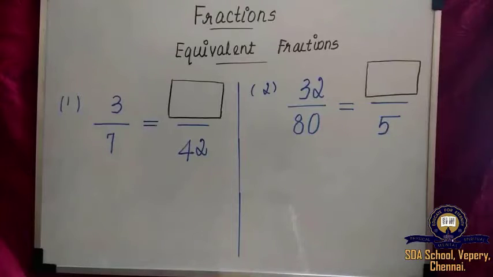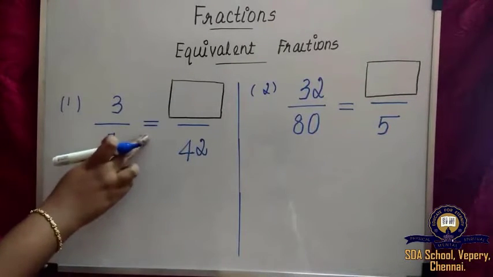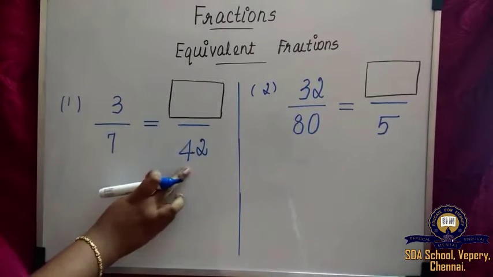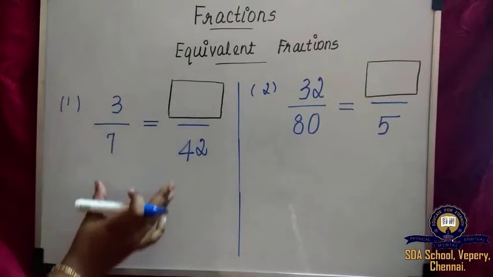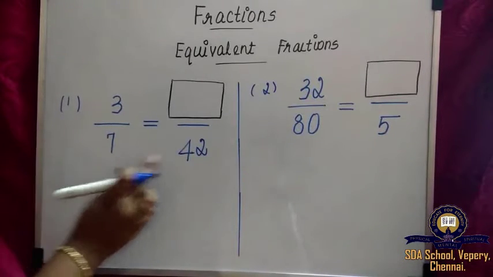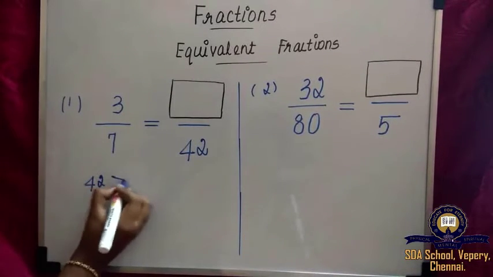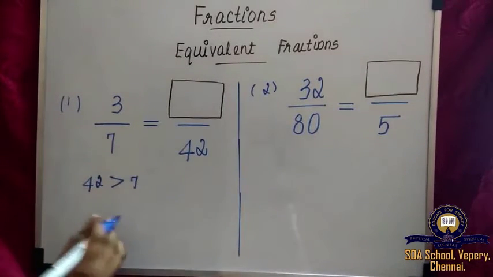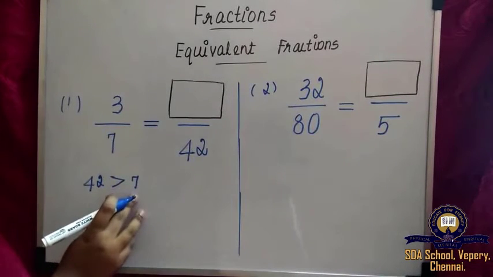Find the missing number in the given pair of equivalent fractions. So the first one, 3 by 7 is equal to dash by 42. We have to find the missing number in the numerator. So for that, first you have to look at the denominators. Here you have 7 and 42. 42 is greater than 7 and 42 is a multiple of 7.